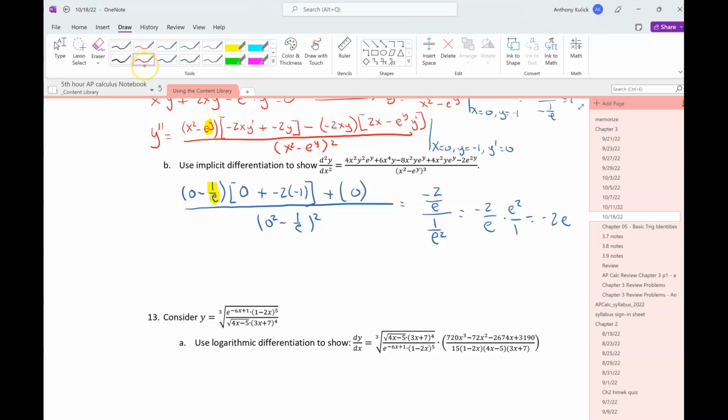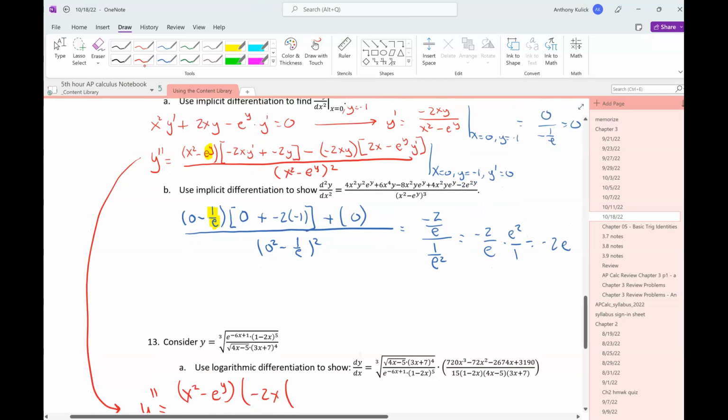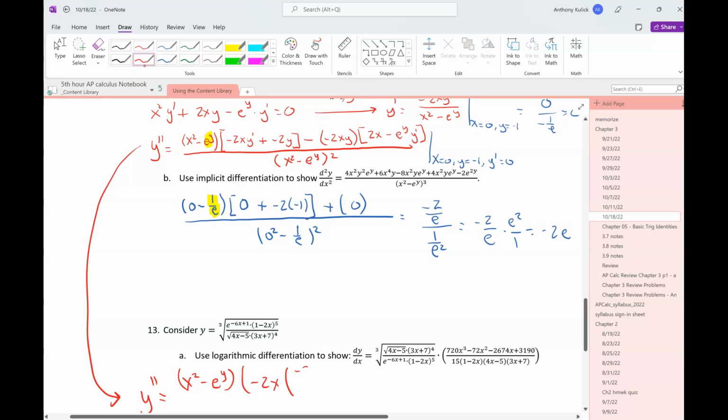So all we would be doing here at part B, instead of plugging in the values at this step, is plugging in that first derivative wherever I had the y prime.